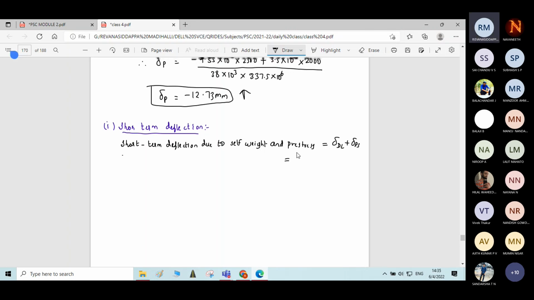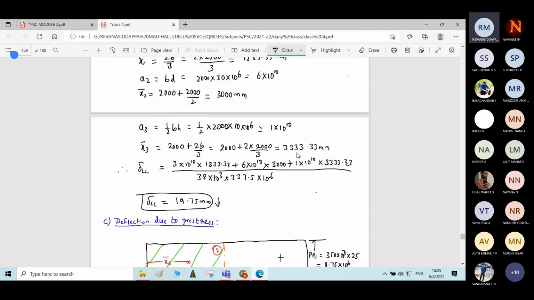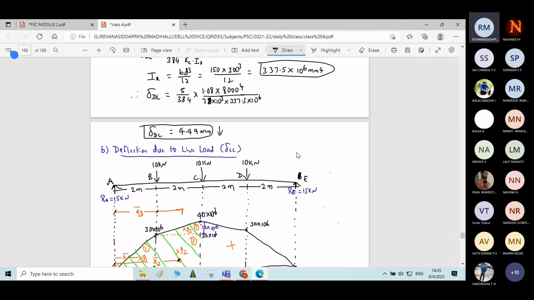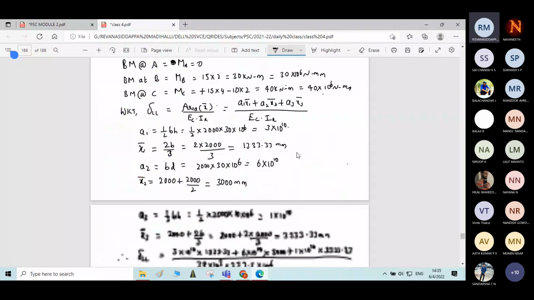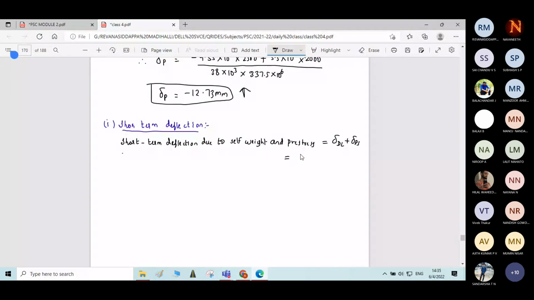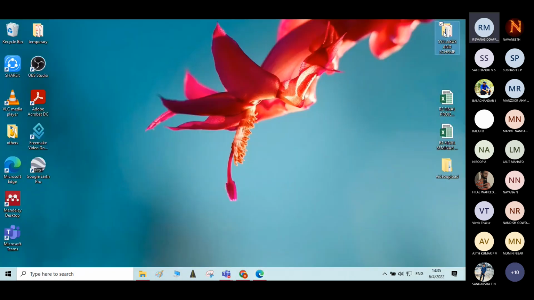Deflection due to dead load is how much? It is 4.49 minus 12.73 deflection due to pre-stress. What will be the answer? Just calculate.